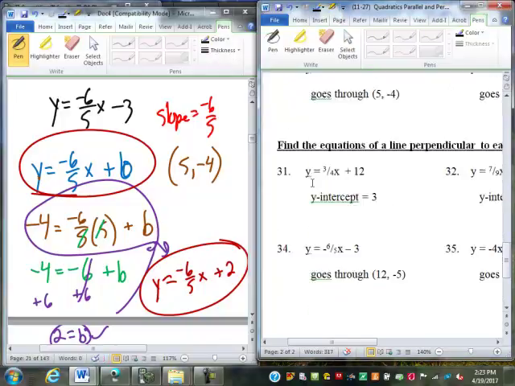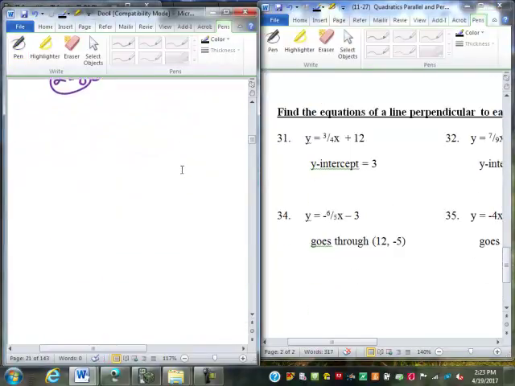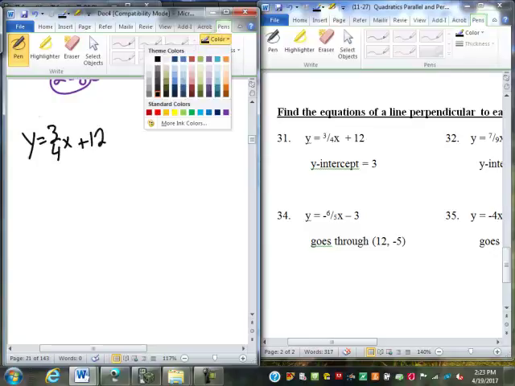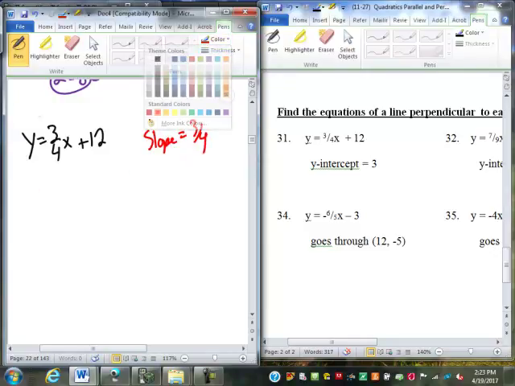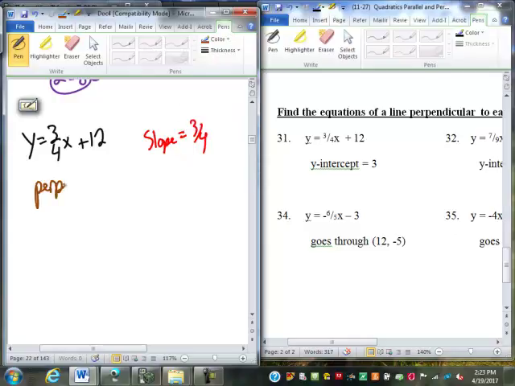The perpendiculars, so we had the y equals 3/4 x plus 12. The only piece of information we want out of there is the slope is 3/4. Now since it's a perpendicular, the perpendicular slope is going to be what?